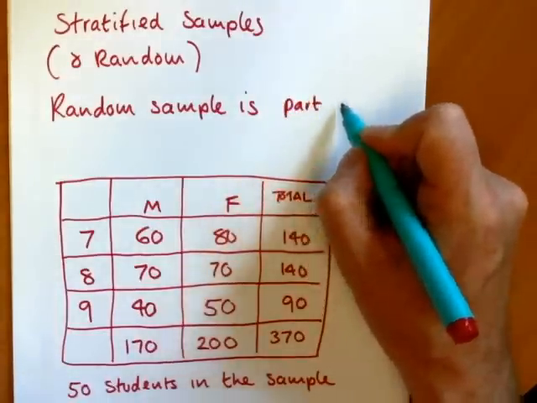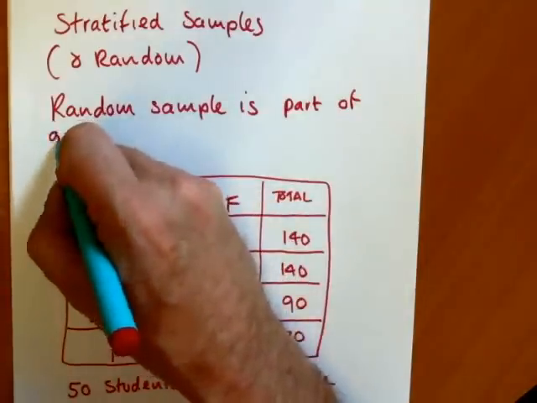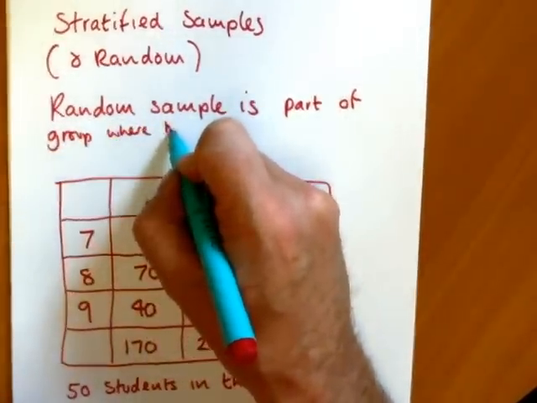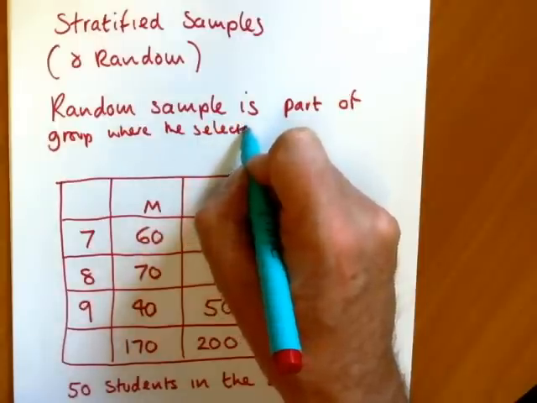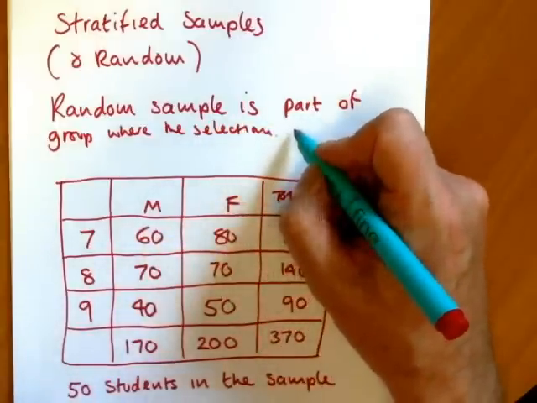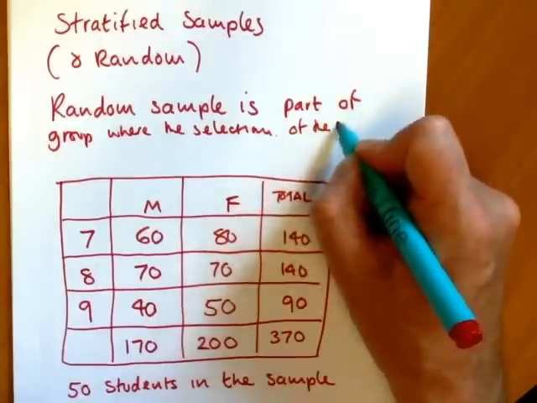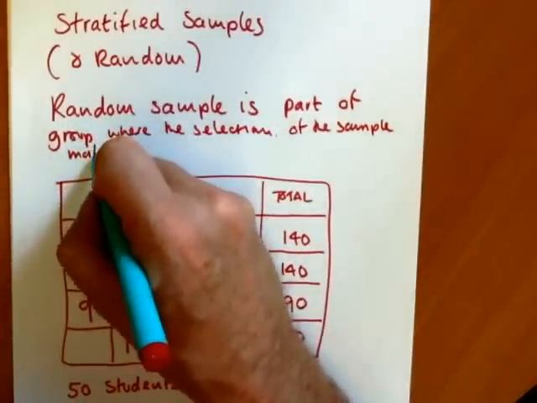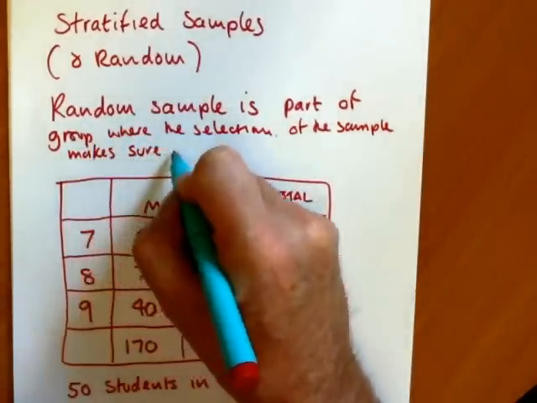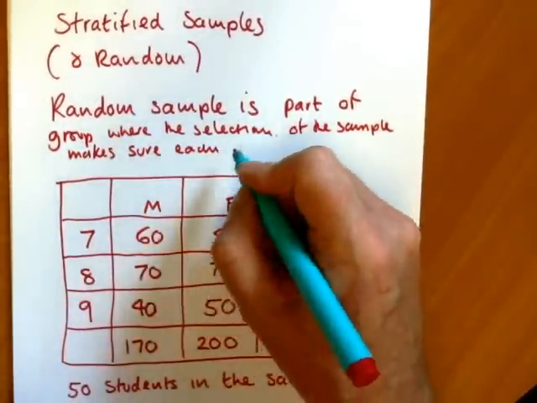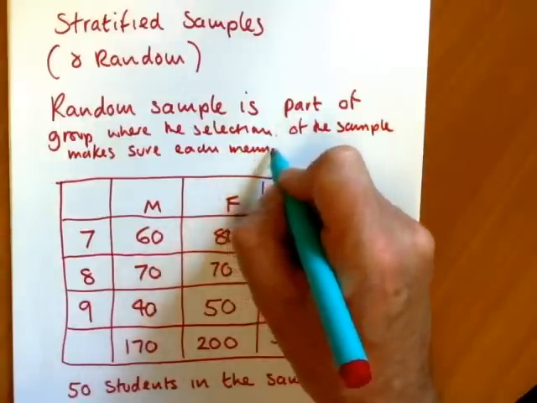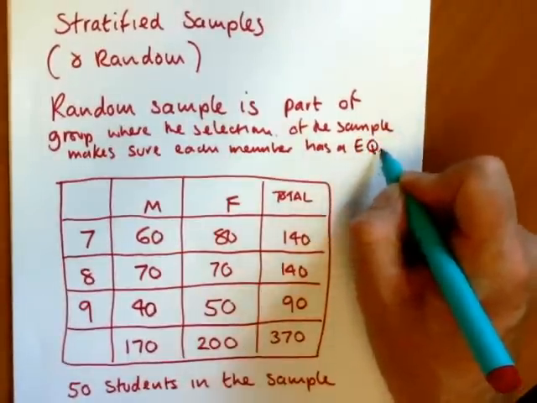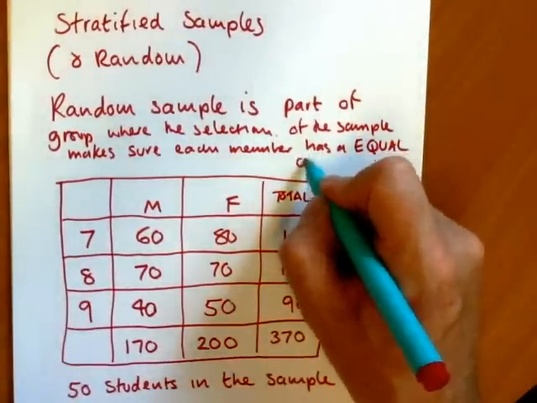There are a number of ways you can describe it: part of a group where the selection of the sample makes sure each member of the group has an equal chance. And this is the key word, an equal chance of being in the group.